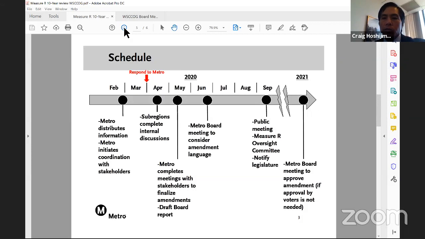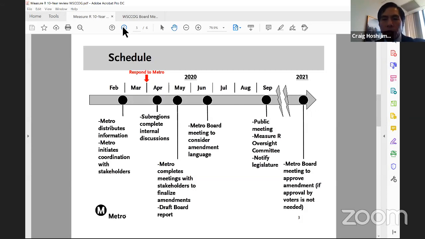We expect that the subregions, if they do have any input, would want to deliberate on it, and we've given folks time in April and May to do so. In May, Metro staff does need to start drafting the language. And then in June, the Metro board will deliberate about the amendment.